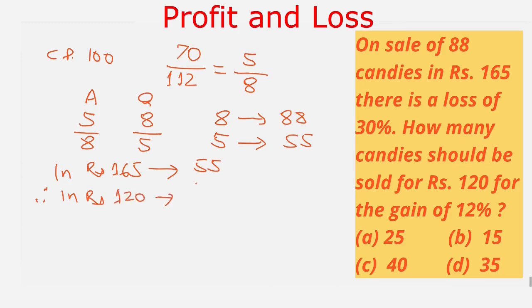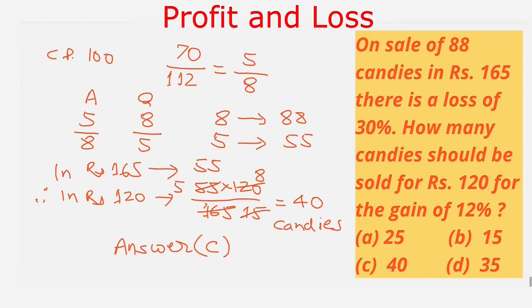This gives 55 multiplied by 120 divided by 165. 11 cancels 55 for 5 times and 165 for 15 times, and 15 cancels 120 for 8 times, and 8 times 5 is 40 candies. From the given options, our answer is option C.